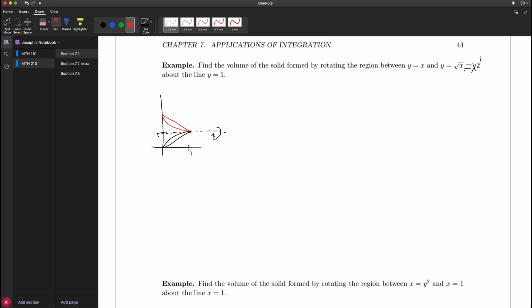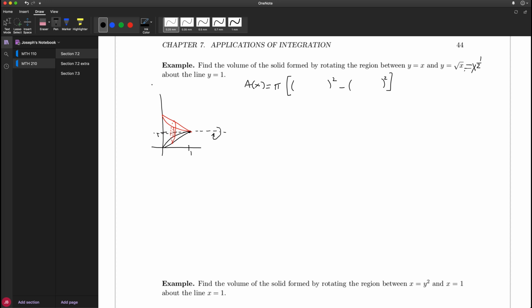So let's find a typical washer here. So we get something like that, and something like that. All right, so our area function is going to be in terms of x. So it'll be pi bracket outer radius squared minus, I should say outer radius, not outer function.